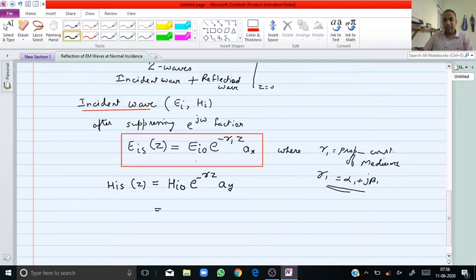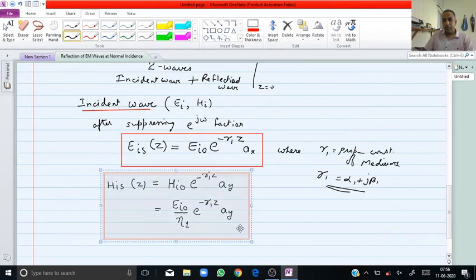If we write this in terms of eta and EI naught, then this will be equal to EI naught divided by eta 1 e raised to power minus alpha 1 Z AY. So there are two important parts: the incident wave consists of E and H both.